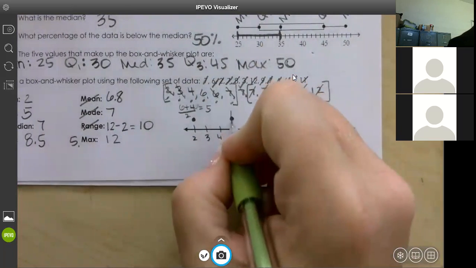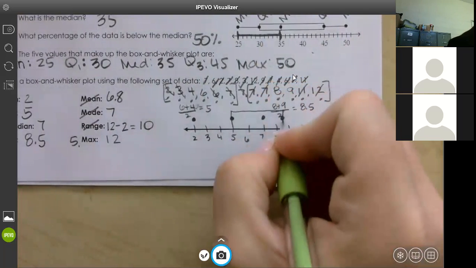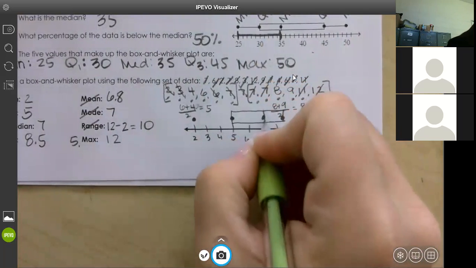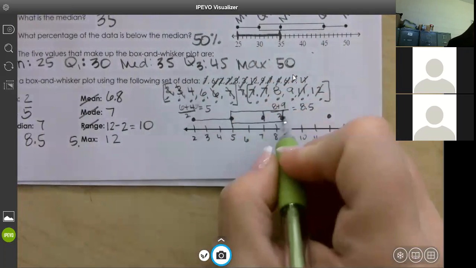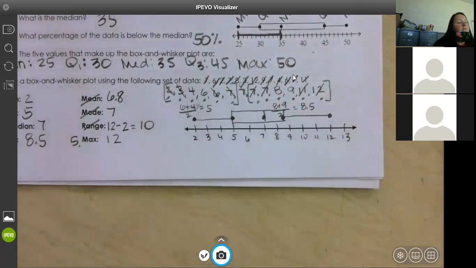The middle 3 become your box, and we just draw a vertical line through the middle. And then the outsides become your whiskers. That's it. And again, I'm going to show you how to make a box plot in your calculator one more time. It's really simple, okay?